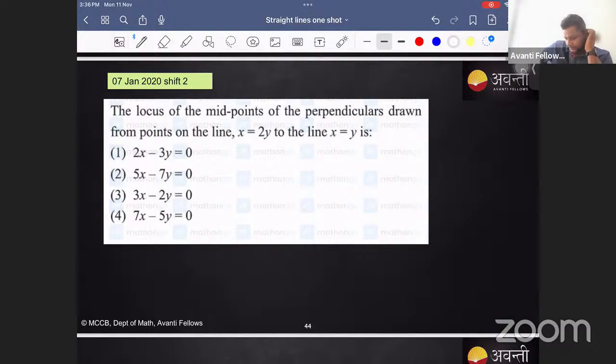Locus of the midpoint of perpendiculars drawn from points on this line to this line.